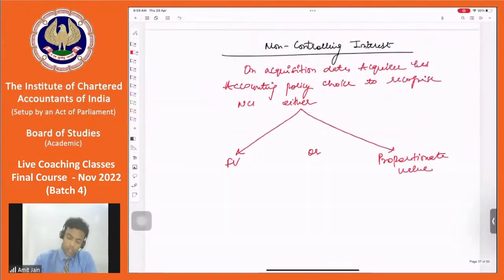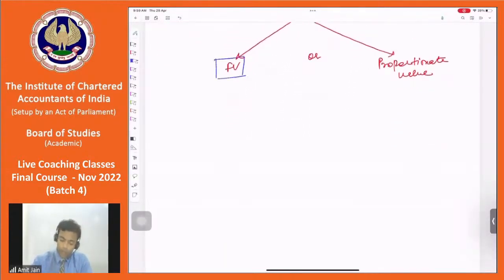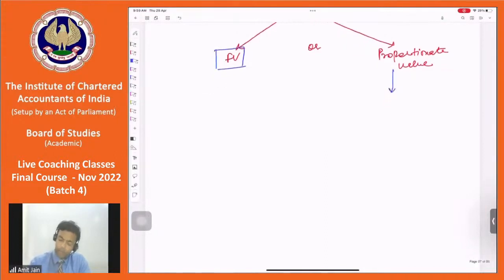Right? This is acquisition date. Fair value means fair value. What is proportionate value? That means fair value of net assets multiplied by NCI percentage. Right? This is how we will get NCI value.